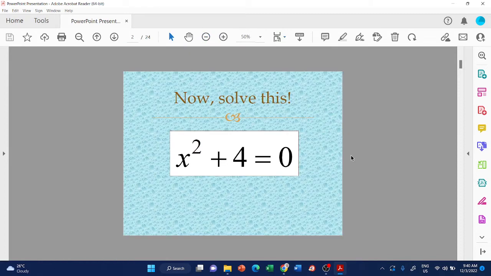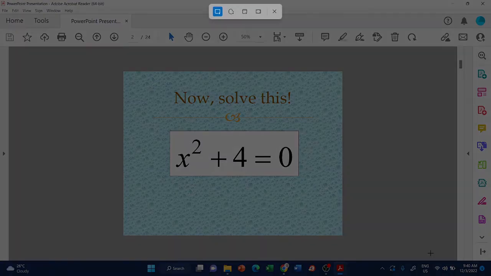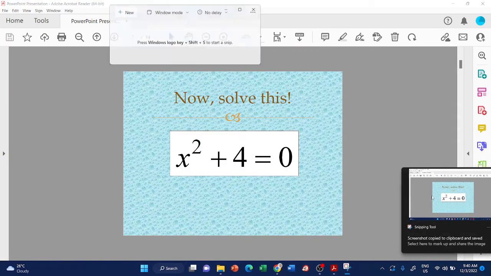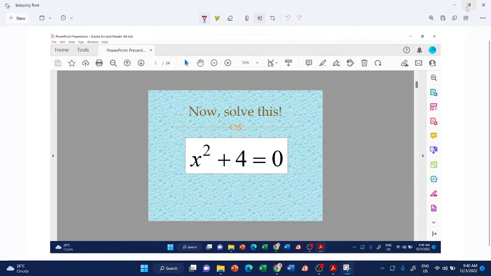What's the solution you got? Okay. What solution you got here? From your calculator. Can you give me some response, please?